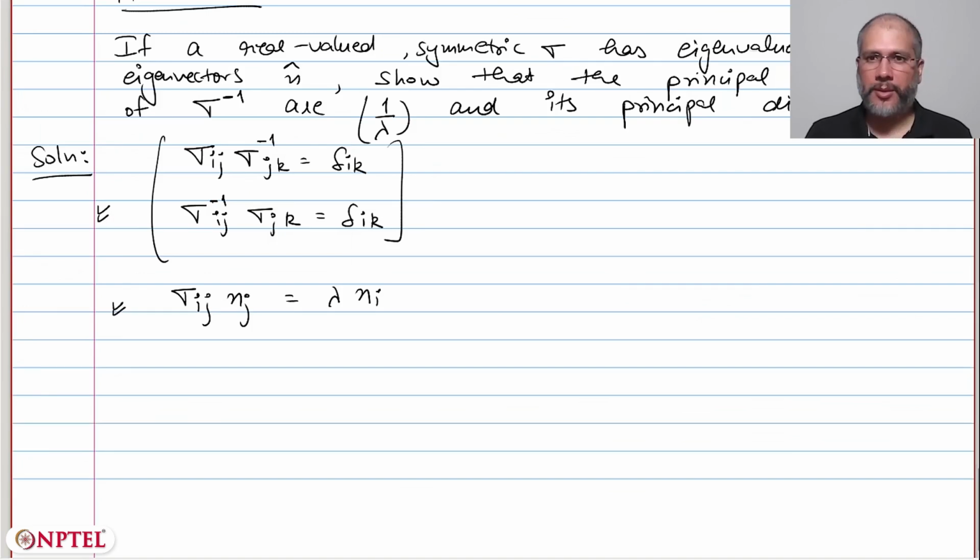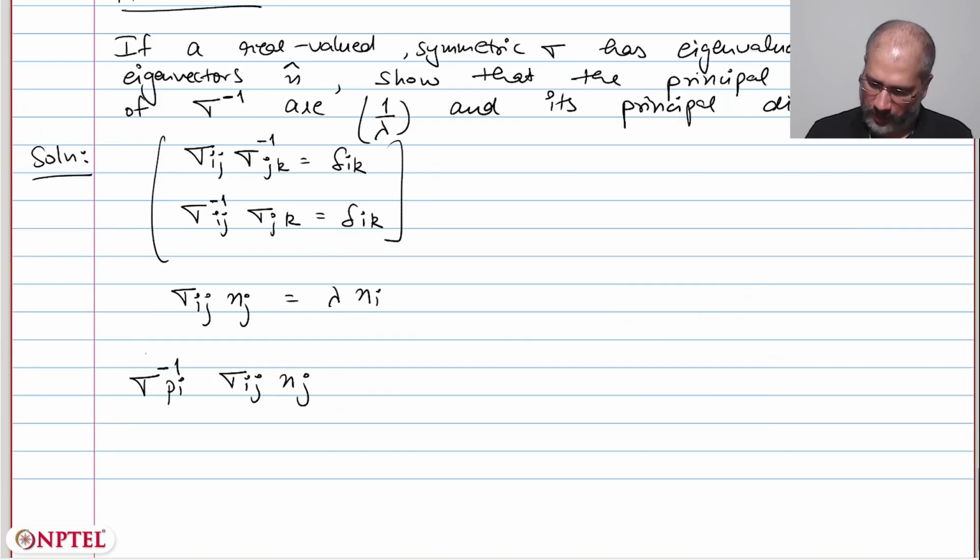Well, I can pre-multiply the eigenvalue problem by sigma inverse. To do the multiplication, the second index of sigma inverse has to be i, so that I can multiply it by sigma ij nj, so let's call these indices p and i.